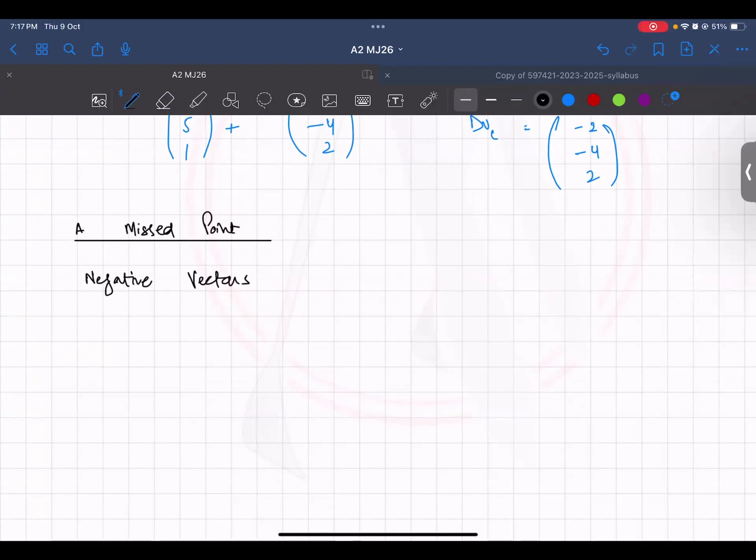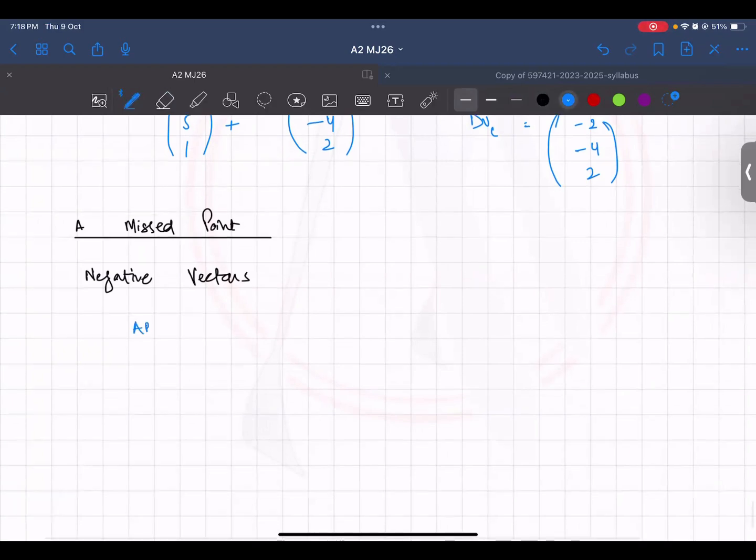If you have a vector AB, it will be equal to negative BA. So if AB goes from A to B, it will be the same as negative BA. The only difference will be the direction. If you multiply it with the minus sign, the direction would be exactly opposite, exactly the other side.